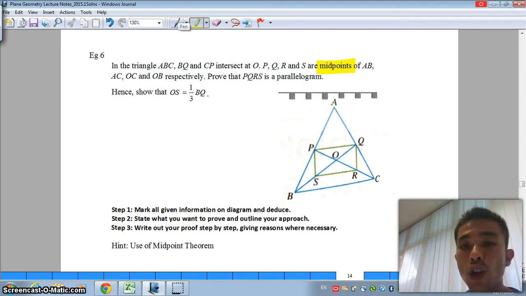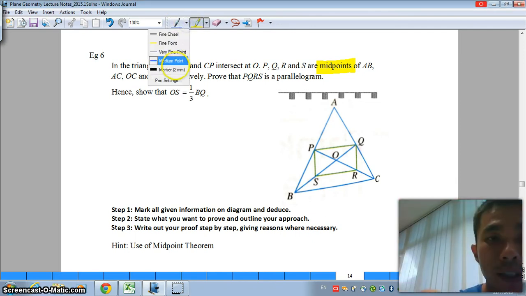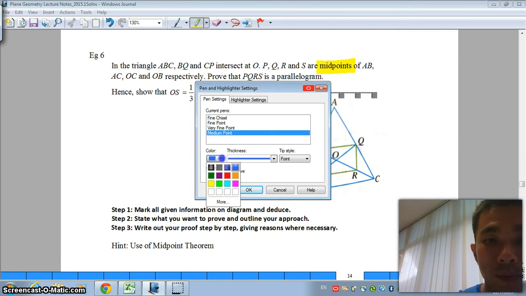Let us take a look at the bigger triangle first.